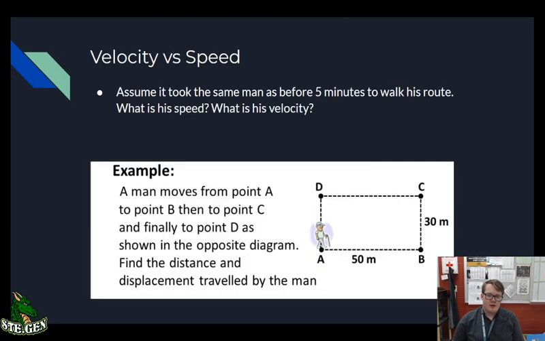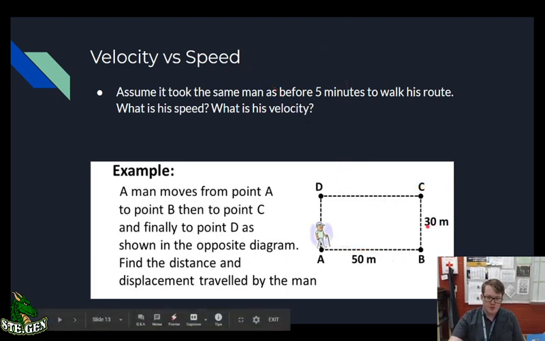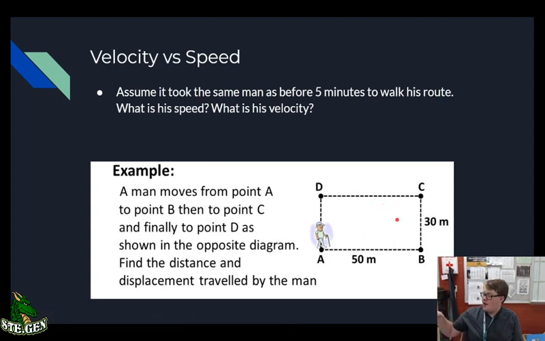Now, I think we're going to go back to this example, and we're going to assume it took this man 5 minutes to walk this route: 50 meters, 30 meters, 50 meters. So his speed, if we calculated the full distance, 50 plus 50 plus 30 is 130, and then we divide that by 5.